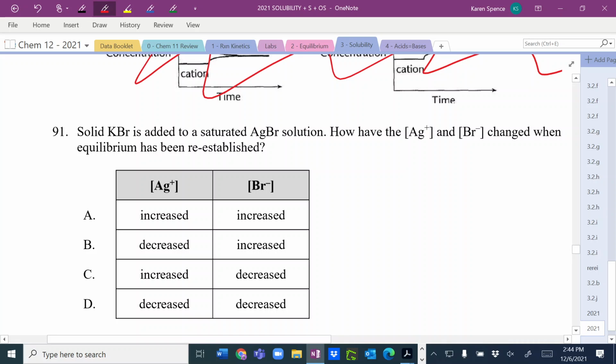So we add some solid KBr to a saturated solution of AgBr. So what have we done if we add solid KBr?